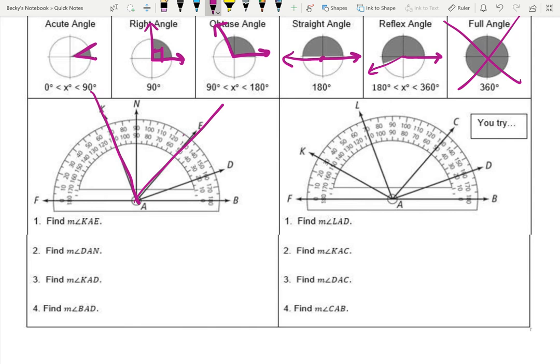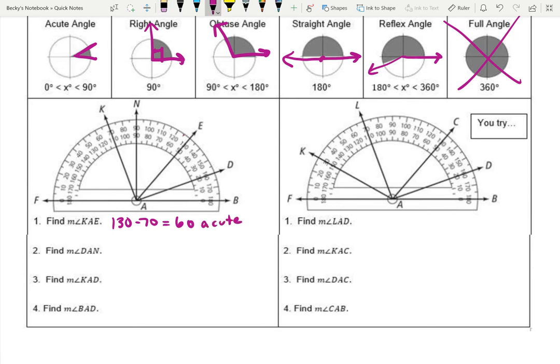Let's just take the top number, 130, and I'm going to subtract the top number over here, which is 70, and then get 60. So if you just subtract the 2 numbers, that's one way of getting the answer when you don't start at 0. And of course, this is acute.